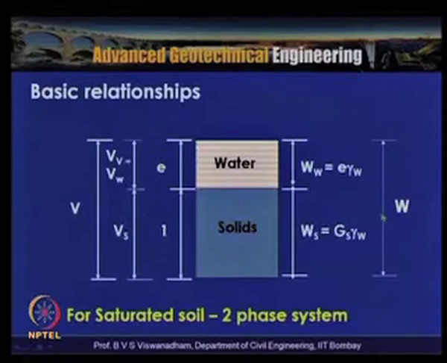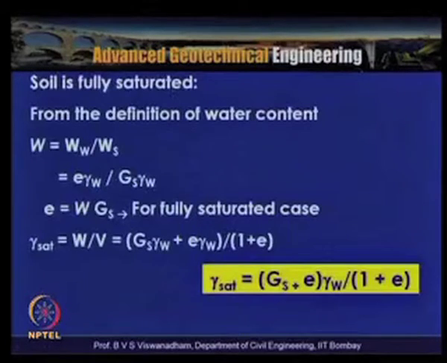So, the saturated unit weight of the soil mass, gamma sat, is nothing but W, that is the weight of the entire soil mass, divided by total volume. So, it is nothing but Gs gamma w plus e gamma w divided by 1 plus e. So, like this, by using these phase diagrams, one can deduce the interrelation between the soil properties.